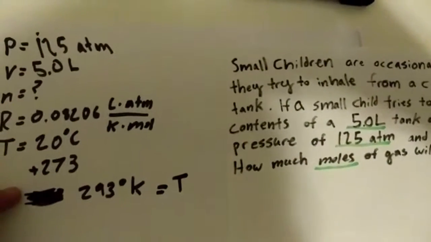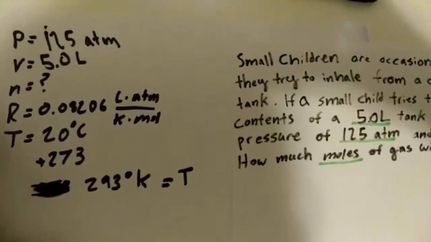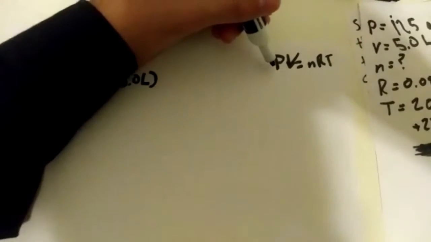So now that we have all of our values, we plug them into the formula and we just solve for n. So we said pressure was 125 atm. Volume was 5.0 liters. So that's pressure and volume.